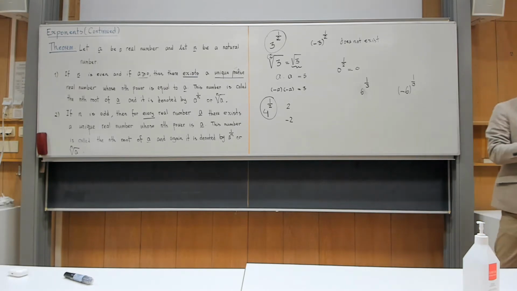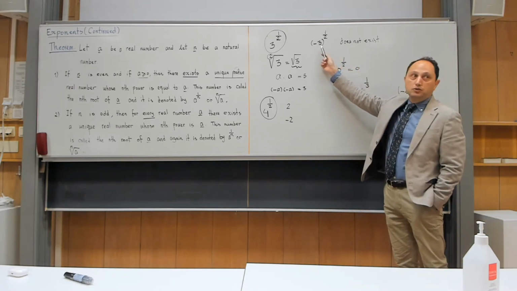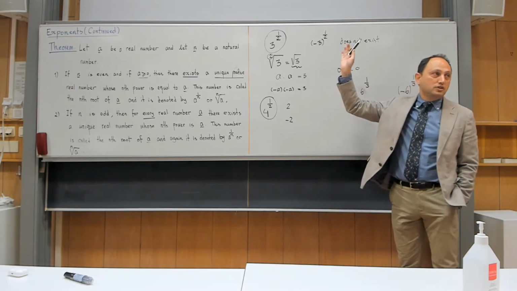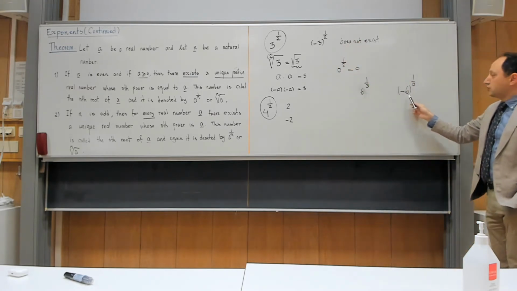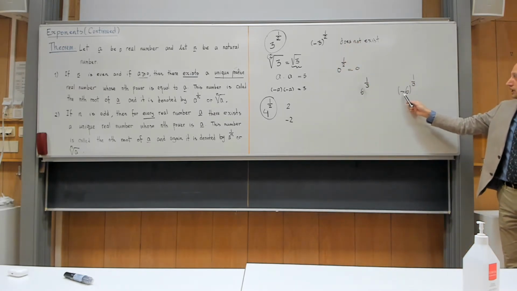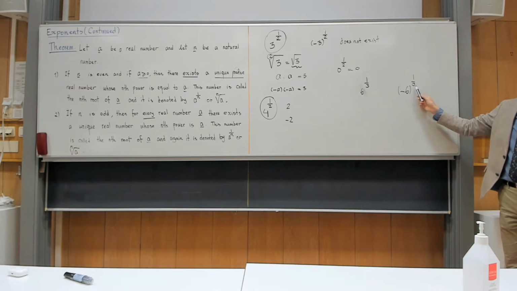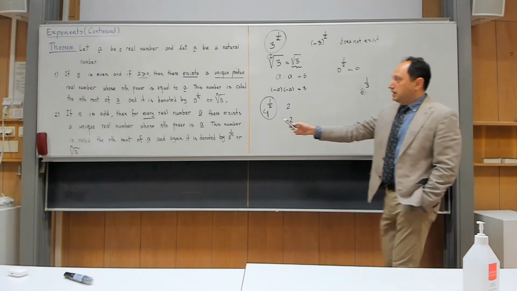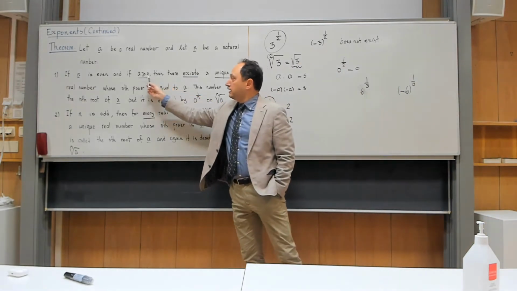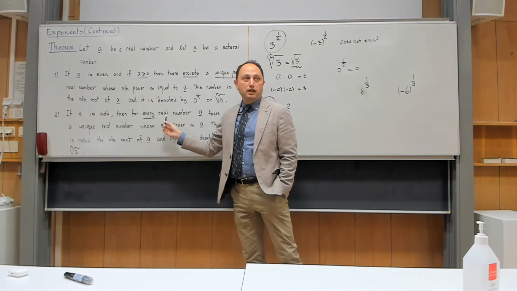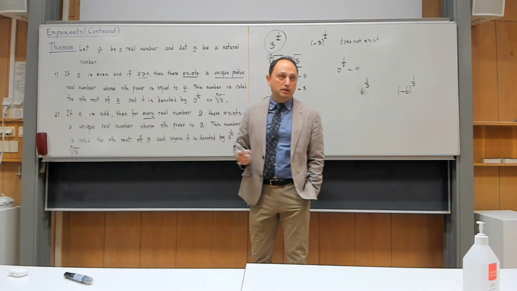Might be it is not clear for you why such a number exists, but it is not like the other one. Here you realize immediately that such a number does not exist. But here, there is no problem if I have a negative number here and an odd number here. So this is why here I have excluded the negative a's, but here I haven't done anything to a's. A can be any number that you like.